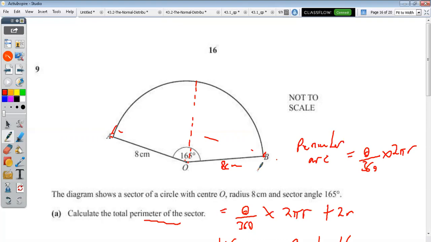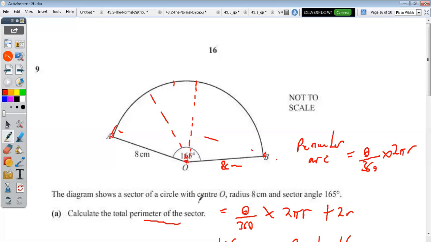Can you write on my pen what you're trying to suggest? As in any line from O to the curve AB. You mean this line, the radius? Yes, the center to any point on the curve is a radius, right? Yes, it's a radius.